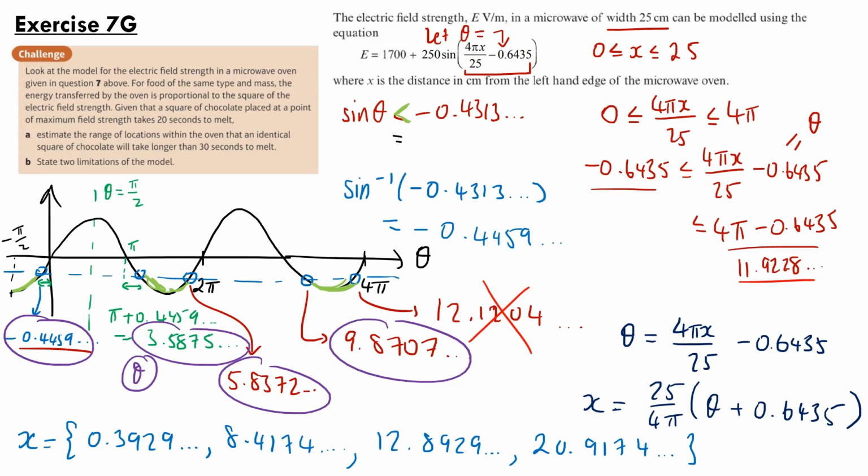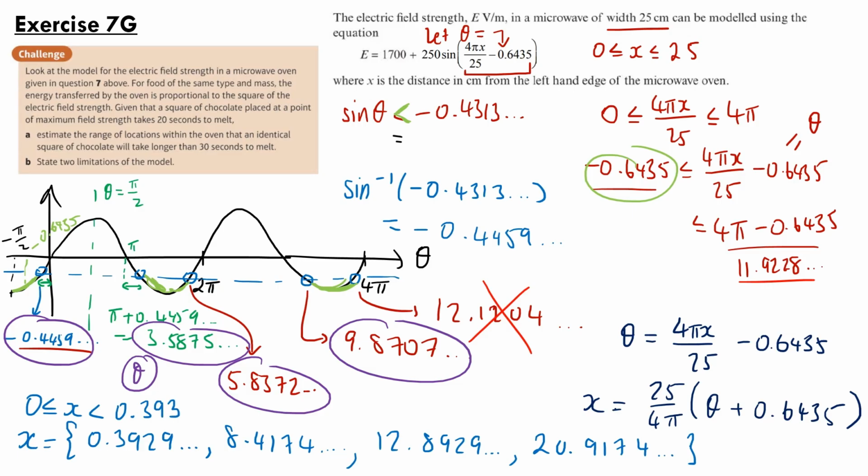So if minus 0.6435 from our interval from earlier is somewhere there, then we've gone past that interval, so we can start the inequalities for x from 0. So we've got 0 is less than or equal to x is less than 0.393 to 3 decimal places.